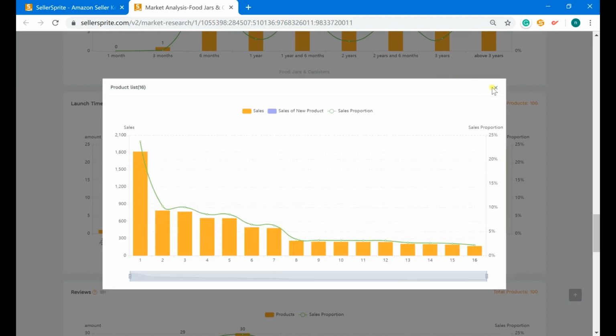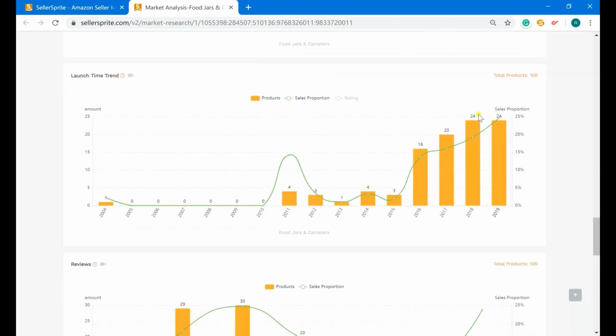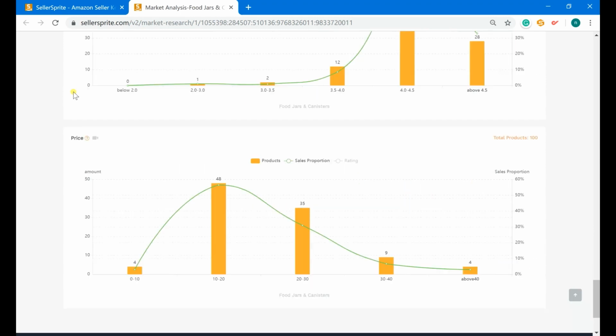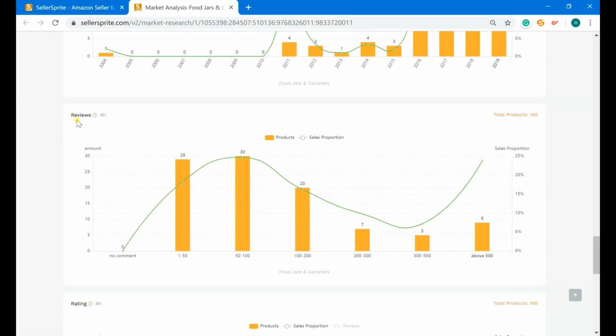Next is the market's competing circumstances, including distribution of reviews, rating, and price. Reviews. We can note through the chart, the majority of listings in this market have 1 to 50 and 50 to 100 reviews.